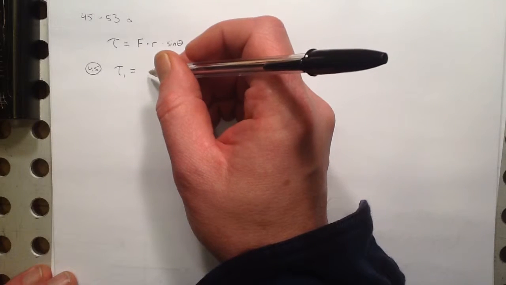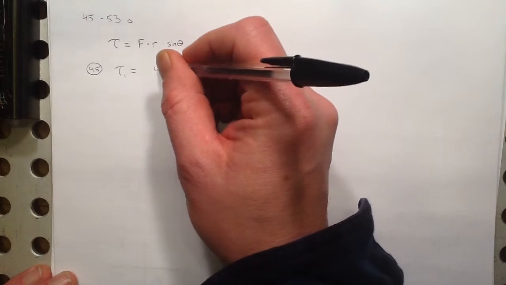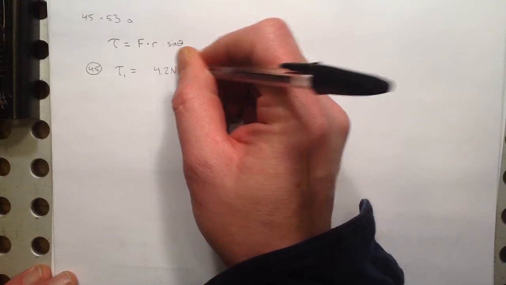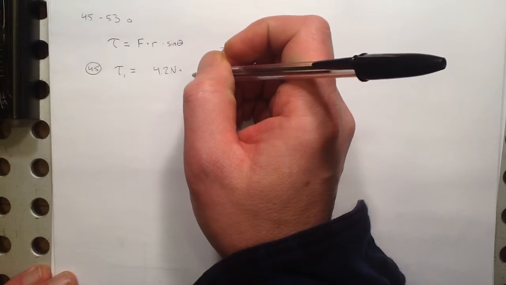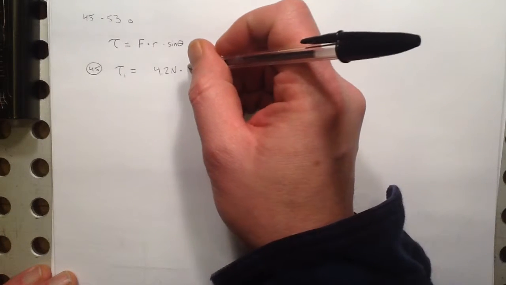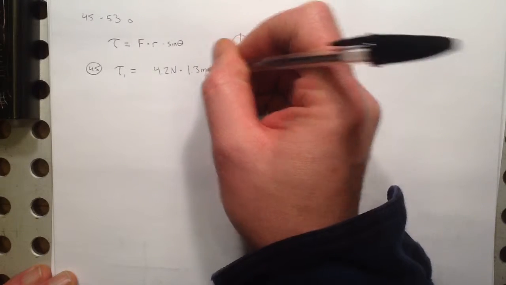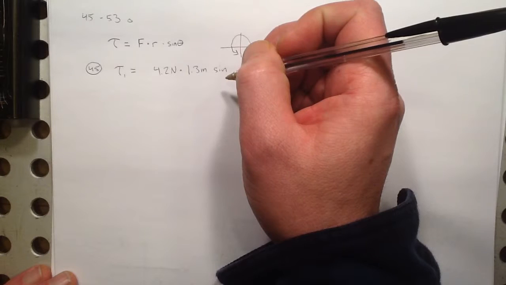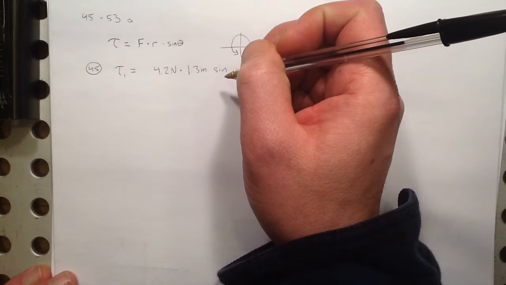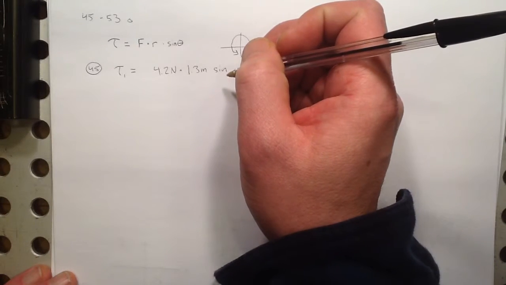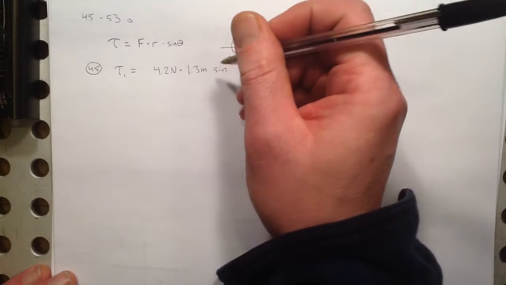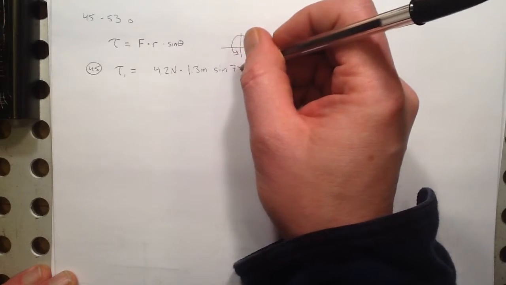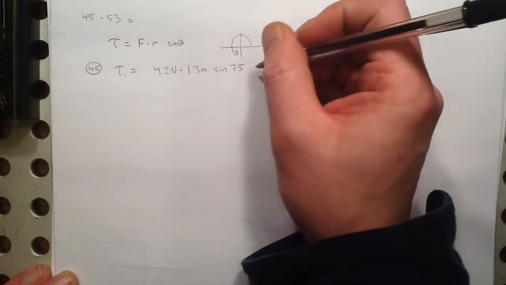The force is 4.2 newtons, acting at a radius of 1.3 meters, and the angle between them, if you imagine both of those vectors like hands of a clock coming from the same point, and that little theta 1 is the angle that we want, is 75 degrees.